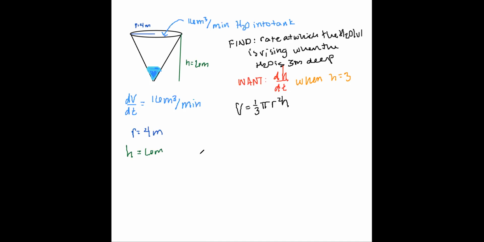So to make R in terms of H, what are we going to do? Like, how are you going to do that?